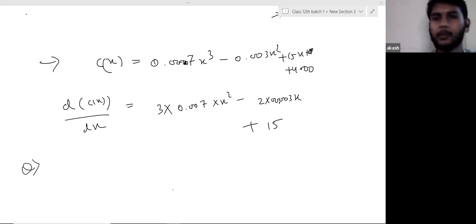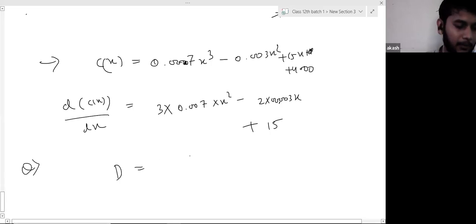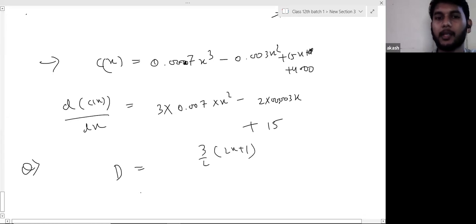So do you guys want me to solve this? Yes or no? How many want? How many do not? You can raise your hand. Yes, sir. All right. So diameter is given as 3/2 (2x plus 1). So radius will be 3/4 (2x plus 1).